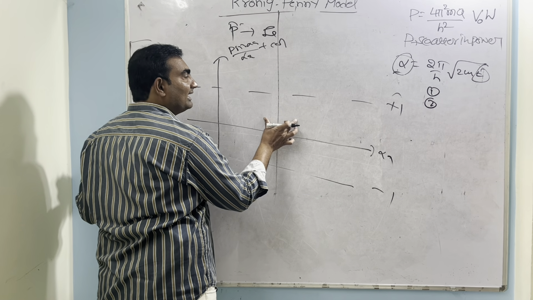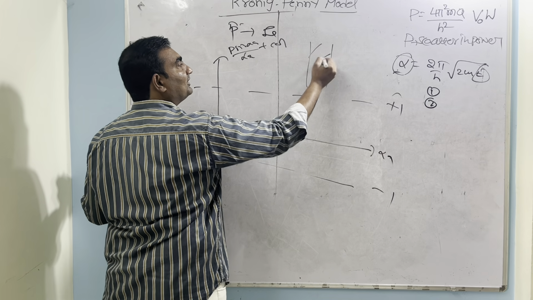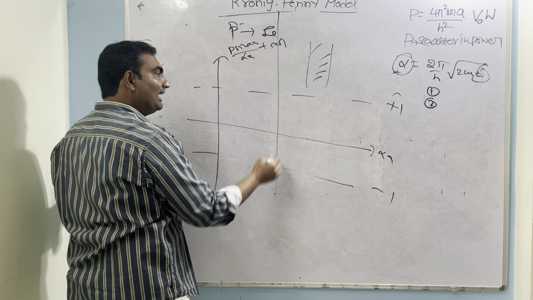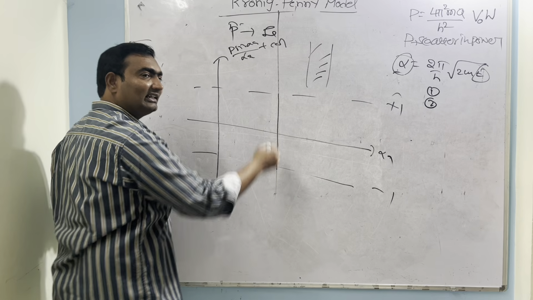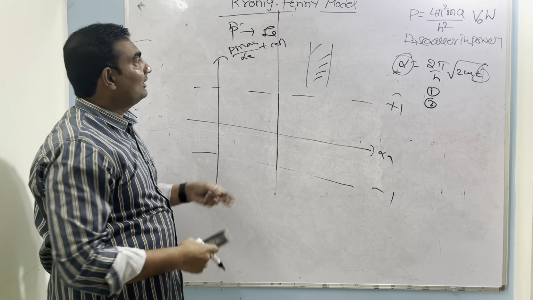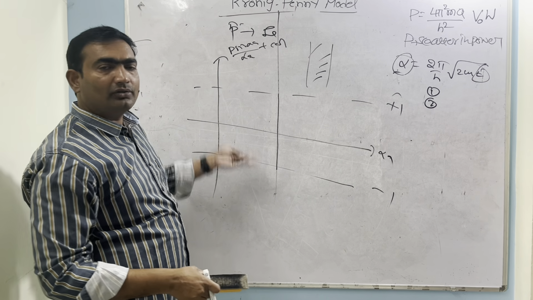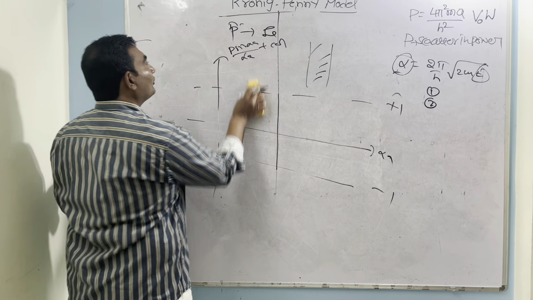So the allowed energy band, which we have seen in the previous case, now becomes a discrete energy level, a single energy level. So this is the conclusion for the case when P tends to infinity.